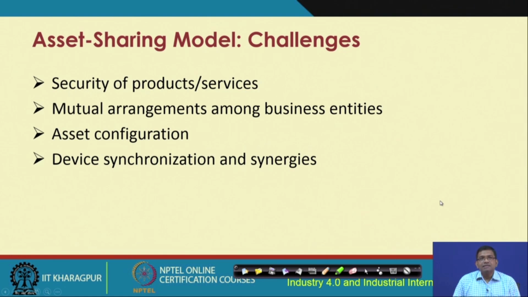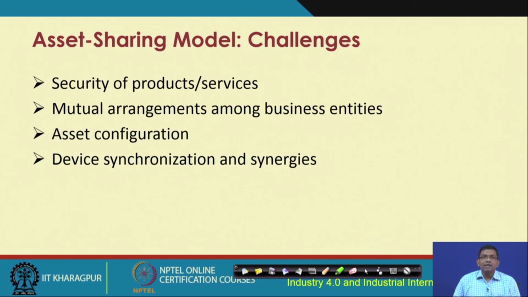There are different challenges as well, with respect to the security of the products and services. Once you lend out these different assets to other users, the physical security of the products and the physical security of the services that are offered have to be considered separately.